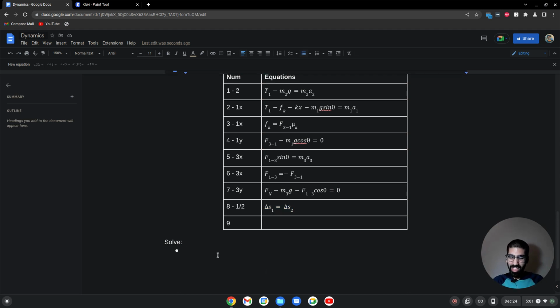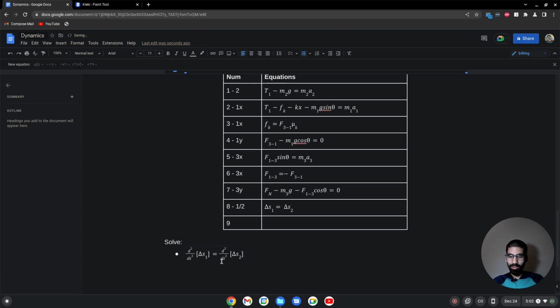So in more fancy math wording, what we have is, if we take the double derivative of this expression, you have to do the same on the left and the right. So the double derivative of delta S1 is going to be equal to the double derivative of delta S2.